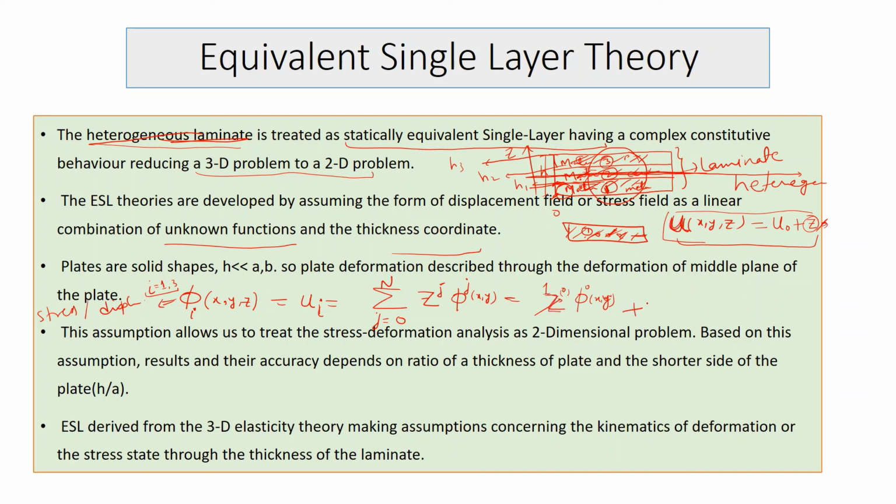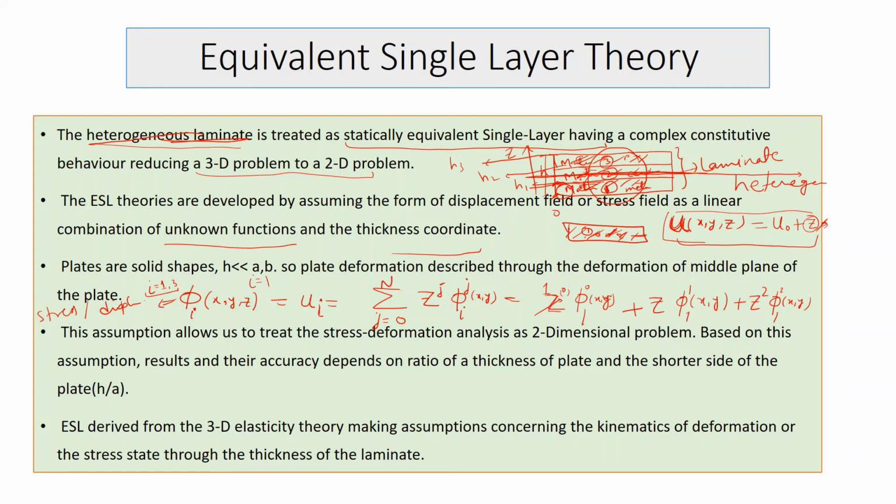Plus z to the power 1, which is the linear part, and phi 1 of x, y, plus z to the power 2, phi 2 of x, y. And here it is phi I j. So for I equals 1, it would be phi 1 and so on. In this manner we will expand the functions.